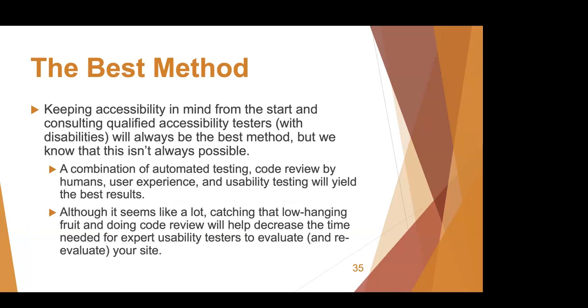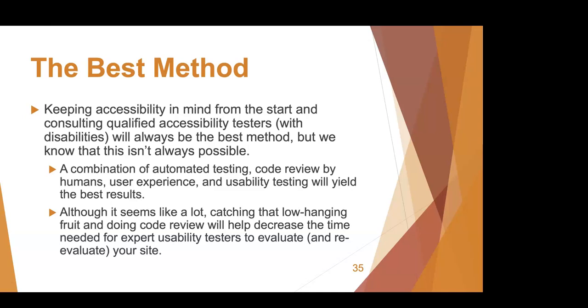So a combination of automated testing first, some code review by humans, and user experience and accessibility testing is really the best method. Although it sounds like a lot, automated testing can catch a lot of the really basic accessibility issues, and it's quite useful to do that first so that the actual accessibility testers don't need to test for so many issues. And when they retest the site, it's important to do that again to ensure that any accessibility issues haven't crept up.